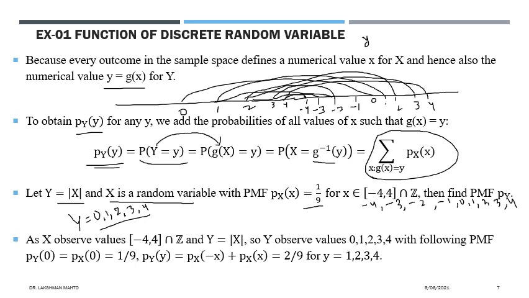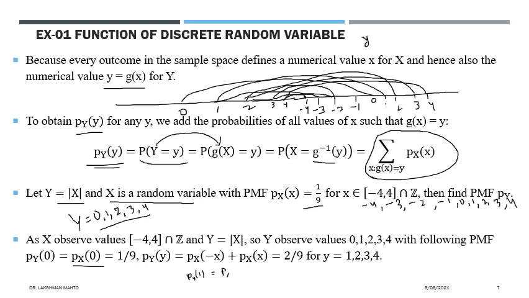So what we observe is that y equal to 0 has only one preimage. So the probability mass function for y equal to 0 is given by this single probability, and what is the probability? That is 1 by 9. Now in order to calculate the other values, what are the preimages of 1? Minus 1 and 1. Hence if you want to calculate the probability mass function for y equal to 1, it would be the sum of the probabilities of the corresponding preimages.